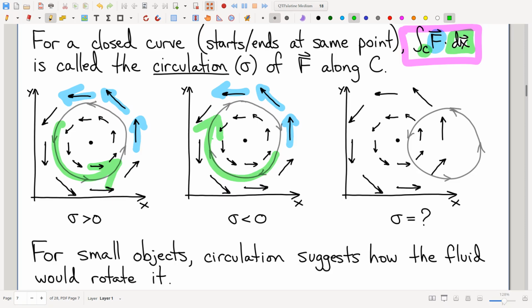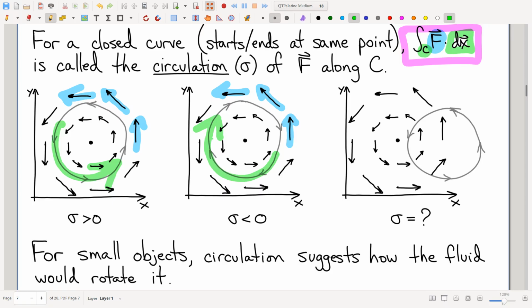So I think a nice way to think about the distinction between these two examples is as two different questions. The question on the left, by virtue of the curve going counterclockwise, think of circulation here as asking, to what extent is this fluid flowing counterclockwise? Because the curve we're comparing the fluid to is counterclockwise. Think of this circulation as asking a similar question, which is, to what extent is this exact same vector field rotating clockwise?